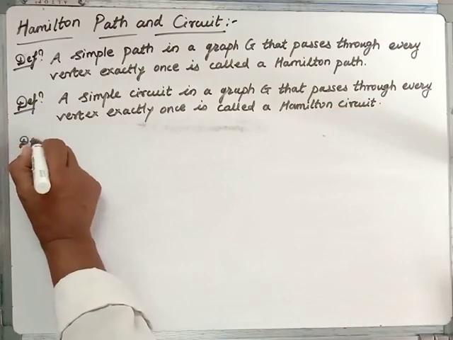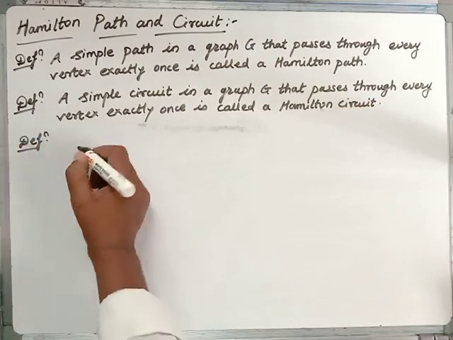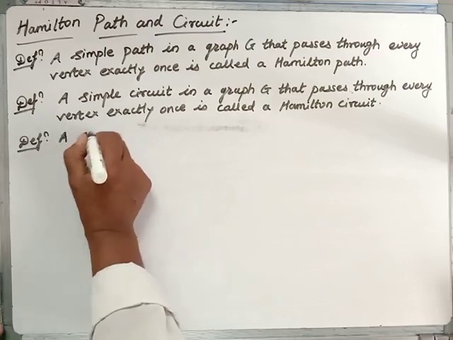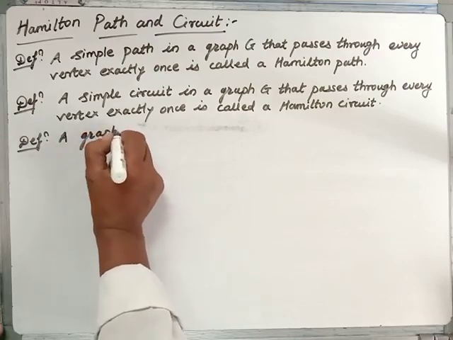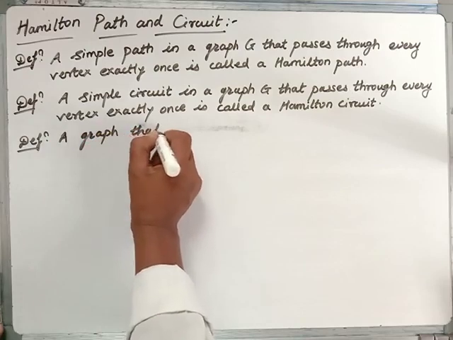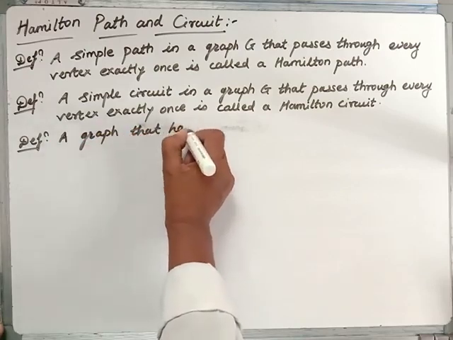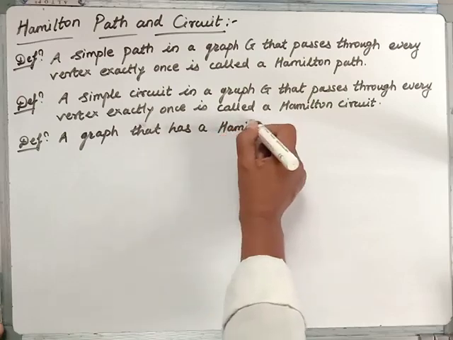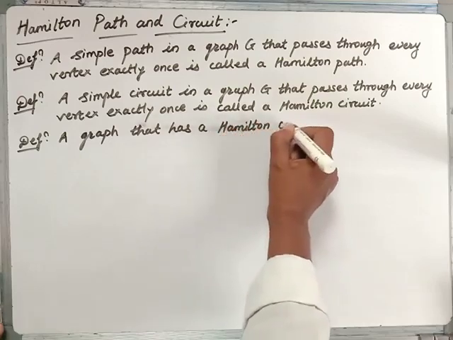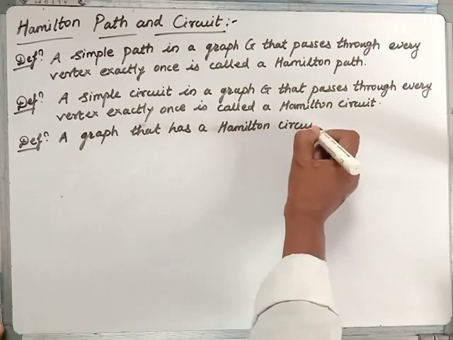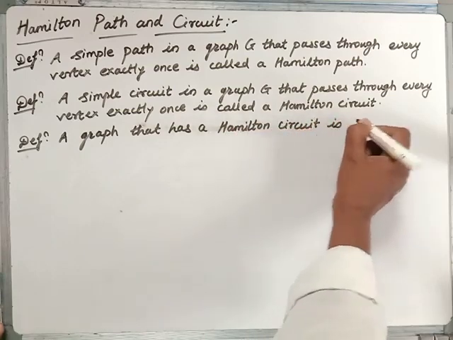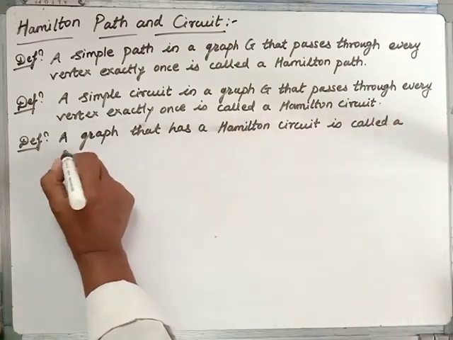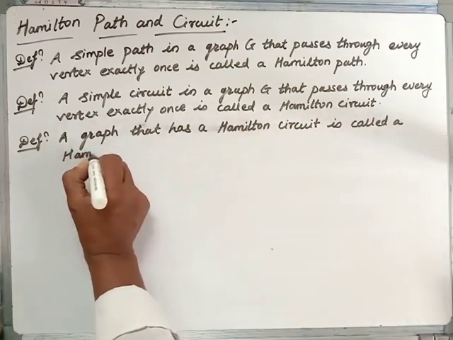Another one: if the graph has a Hamilton circuit, then it is known as a Hamiltonian graph. A graph that has a Hamilton circuit is called a Hamiltonian graph.